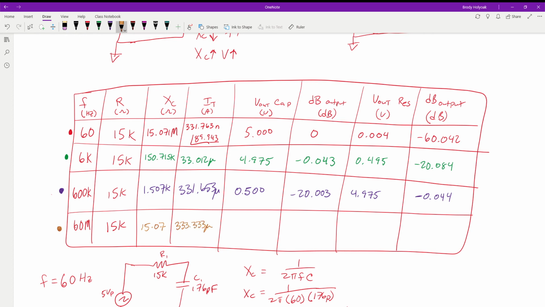The V out across our capacitor was 0.005. The dB was negative 59.96. The voltage out on the resistor was 5.00 volts. So now that we have these values, let's take a look at what they mean.